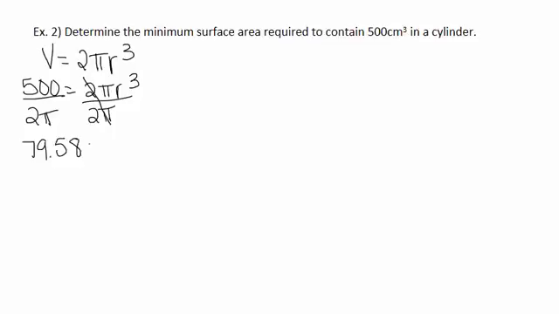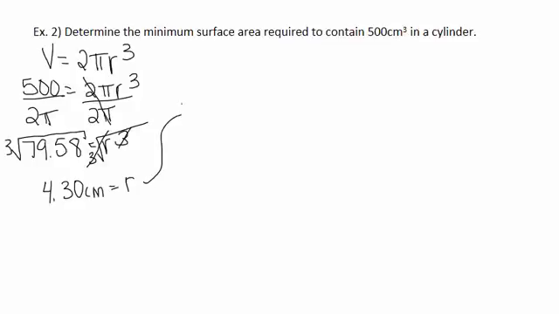Finally, let's take the cube root of both sides, and these will cancel out, and we're left with 4.30 centimeters for our radius. Now let's take that value and plug it into the surface area formula. So from above, we know that the optimal surface area formula is equal to 6 pi r squared.